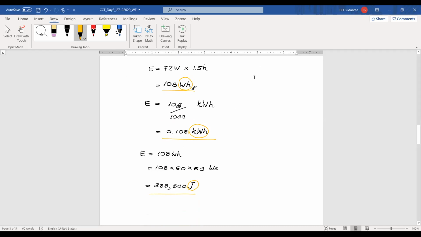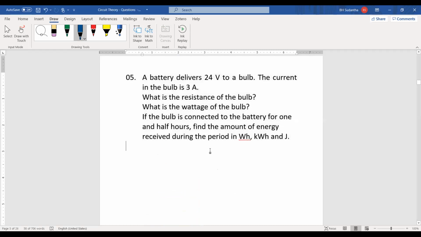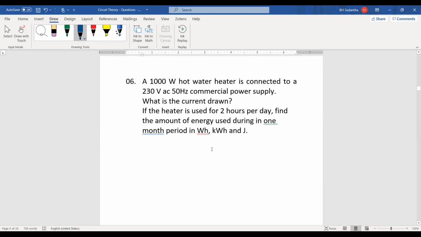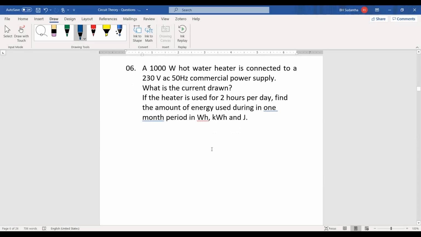Okay. Then shall we try this? The same thing for AC power.